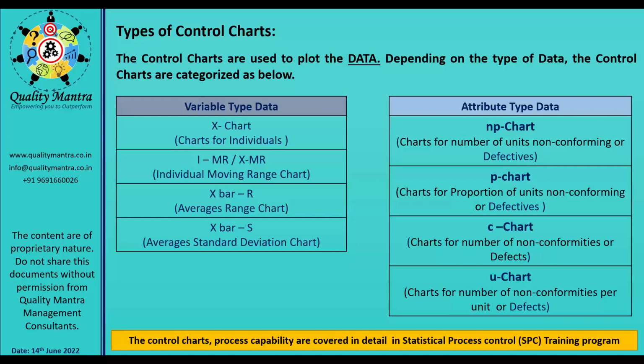So in 9 hours there will be a discussion on various control charts, how to prepare each and every control chart, what is data, what is median, what is standard deviation, what is CP, CPK, PP, PPK, what is sigma. All these things are taught in that particular training program of 9 hours. So in this training program today, we are just discussing the brief things.